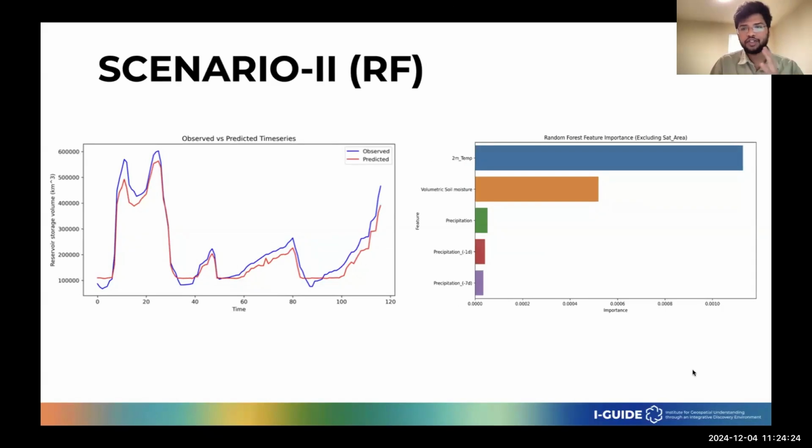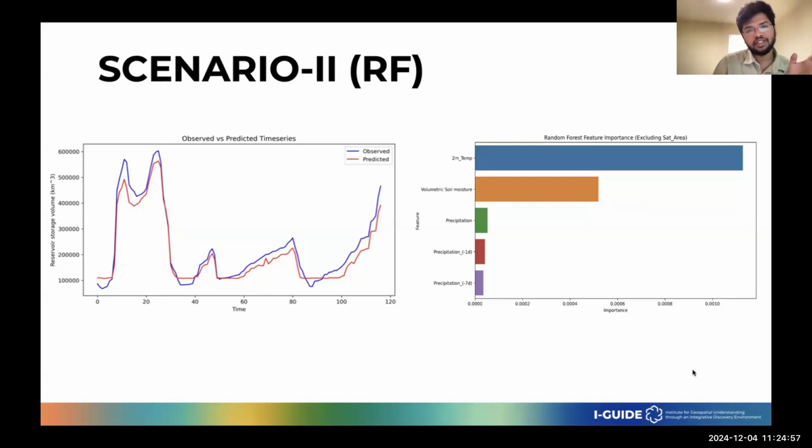We'll show the mean square error and root mean square error in the next coming slides. When only using the remote sensing based data sets without using any field measurements, we get that the temperature, which affects the evaporation physically, stands out as one of the most influencing factors contributing to the reservoir storage volume change.